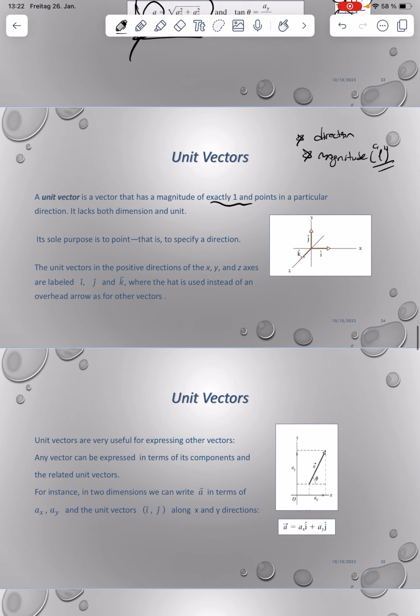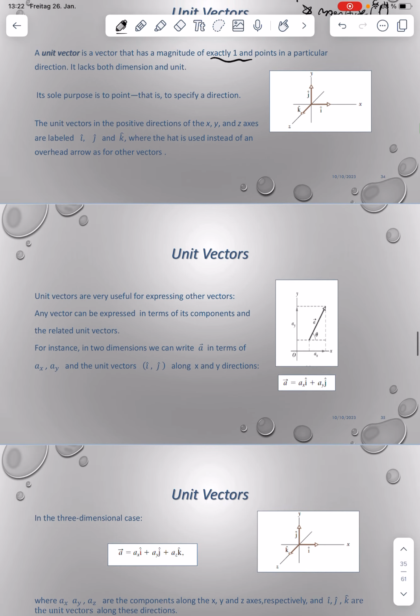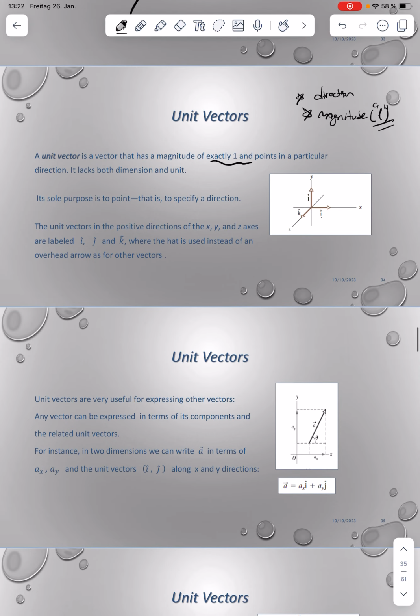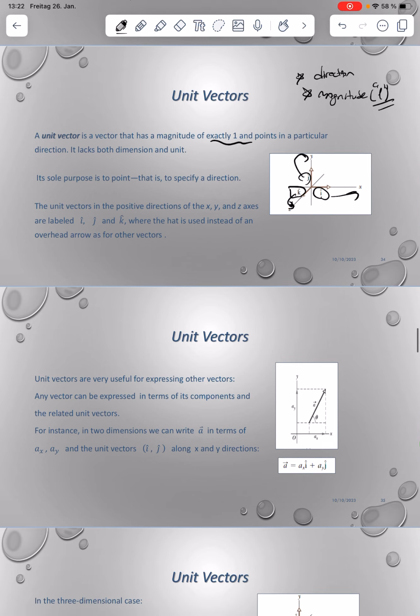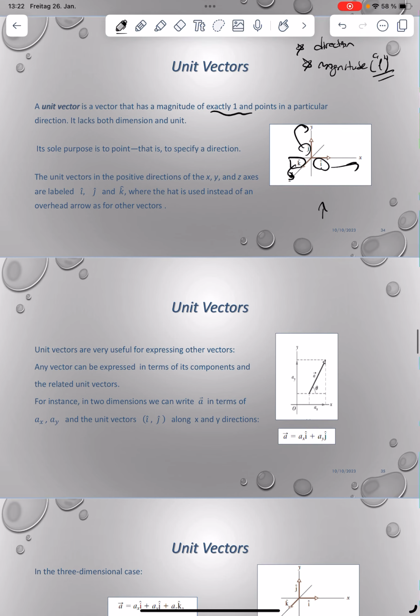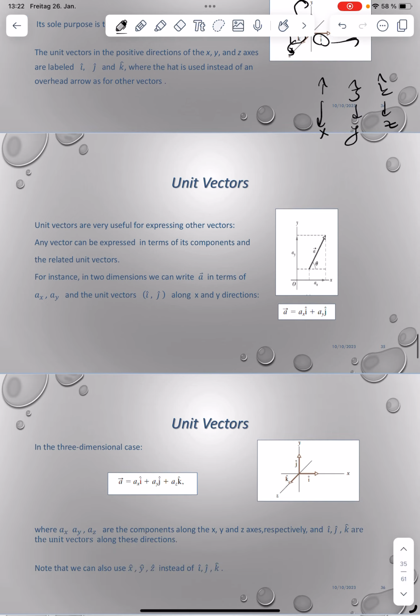Okay. And it is the i j k form, i in the x-axis, j in the y-axis, and also k in the z-axis. You must know that i, j, k: k is in the z-axis, j is in the y-axis, i is in the x-axis.